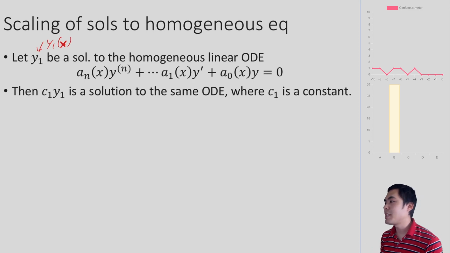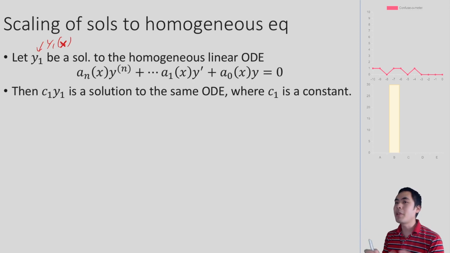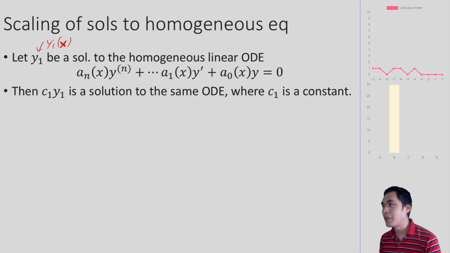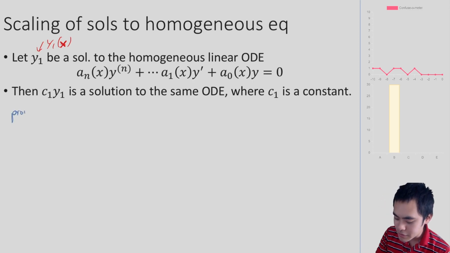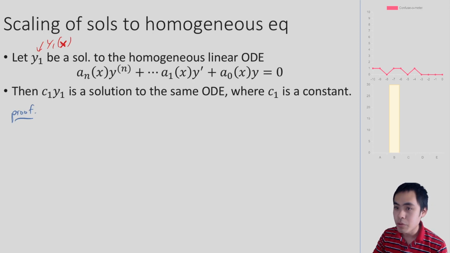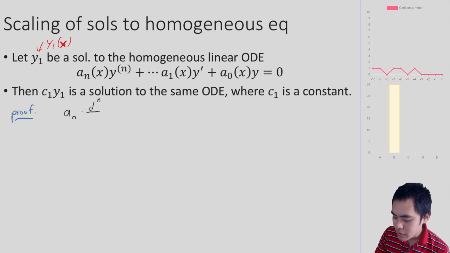So basically what we're saying is that if you have a solution to a homogeneous linear ODE, you can multiply it by some constant and you still get another solution. I'm actually going to give a proof of this. I know I don't give proofs very often in this class, but since it's a fairly straightforward proof, I'll give it. So note that we can rewrite this as a_n times the nth derivative of c1 y1.